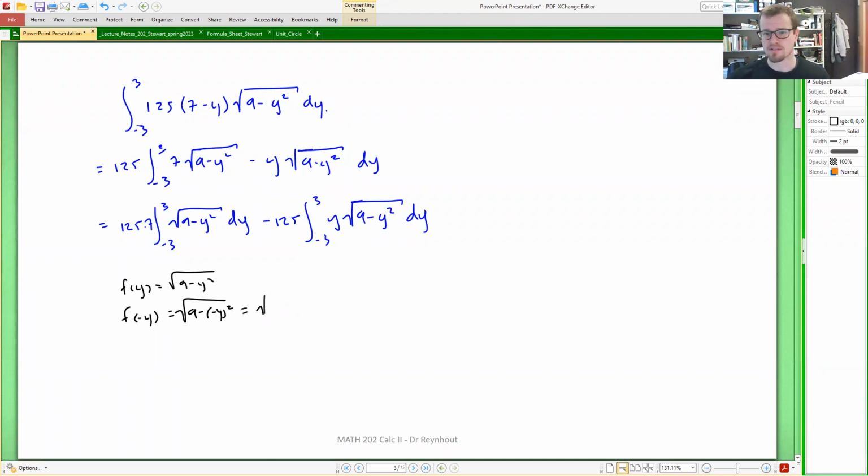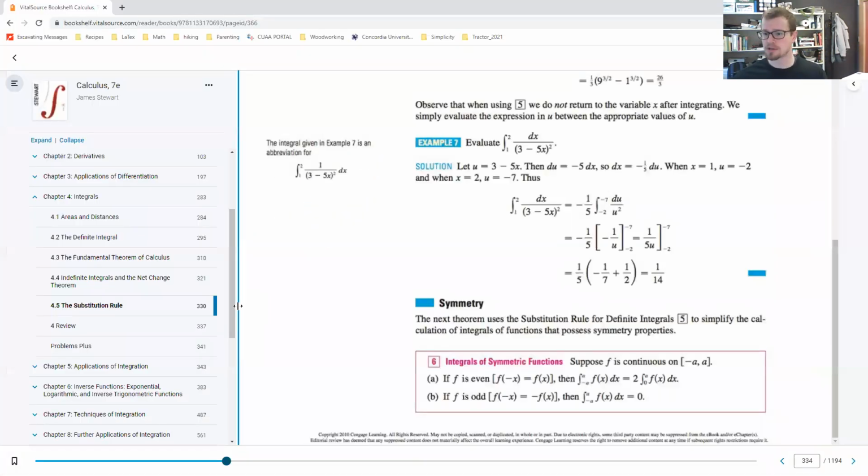So this is the square root of 9 minus y squared, which is f of y. So f is even, which is fantastic, because when I refer to my book, I remember that an integral from -3 to +3 of an even function is just 2 times the integral from 0 to the positive number.